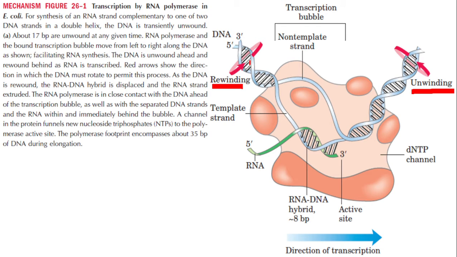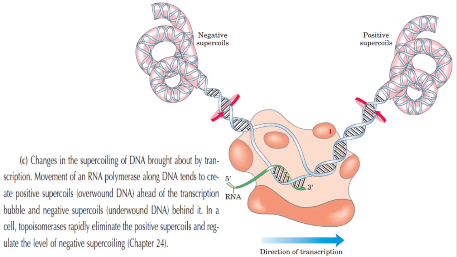This one. See, what is the transcription bubble? The area on the DNA where the DNA strands are temporarily separated. Non-template strand or coding strand and a template strand also, both of them are visible. Again, supercoiling. You know that because of this unwinding and rewinding, supercoils are being created.